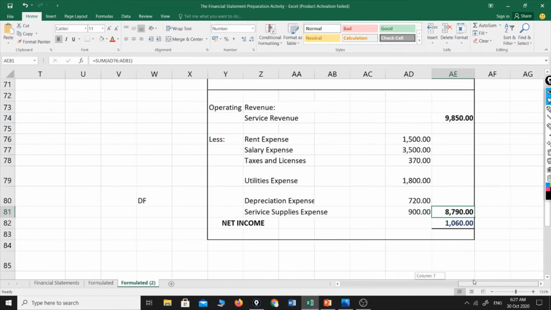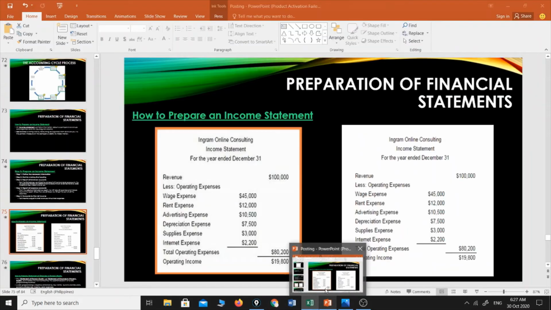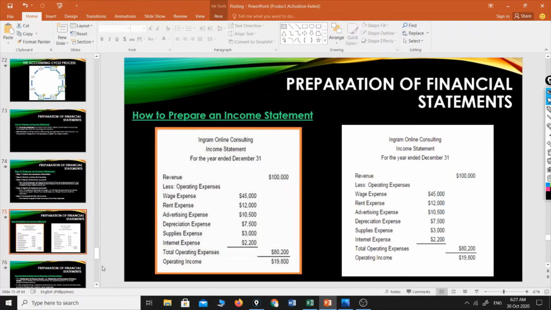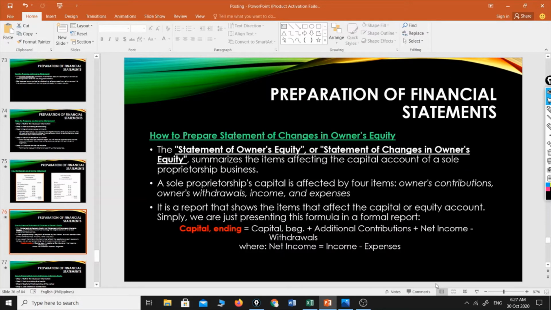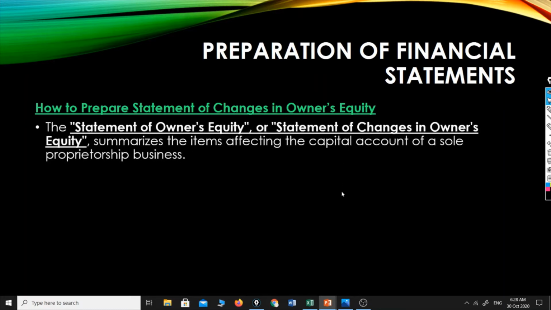So if you have done the income statement, the next type of financial statement that we will prepare is the statement of changes in owner's equity. So it summarizes the items affecting the capital account of the sole proprietorship business.